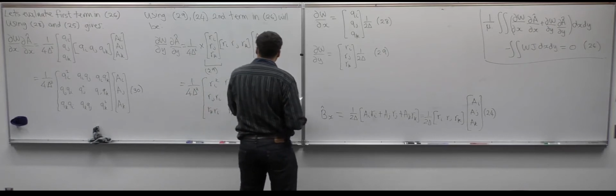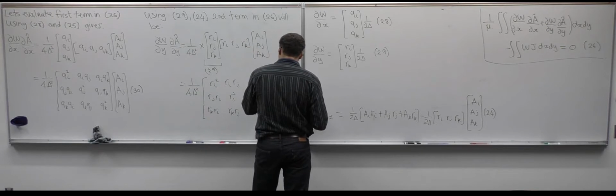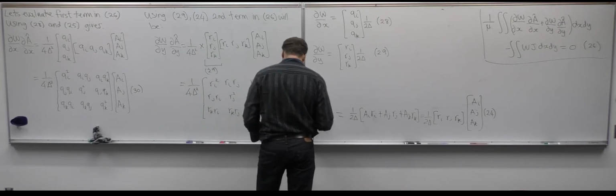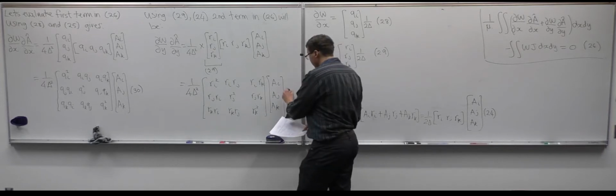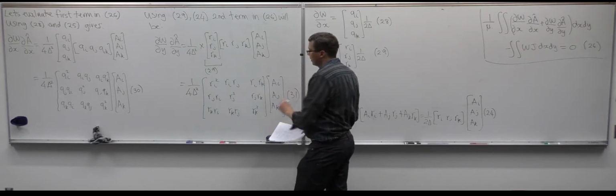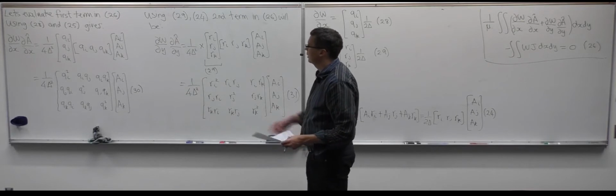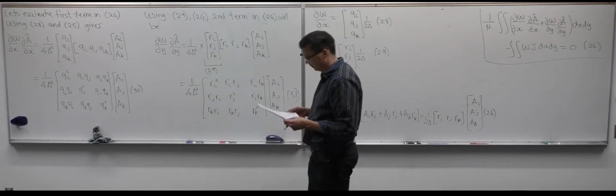Like that, and then that's all multiplied by Ai, Aj, and Ak. Phew. Okay. So now we've finally evaluated the two differential terms.